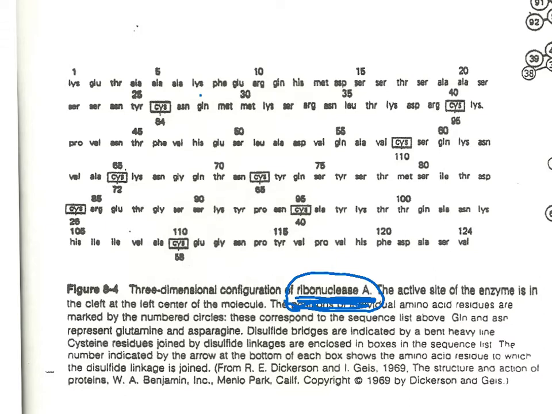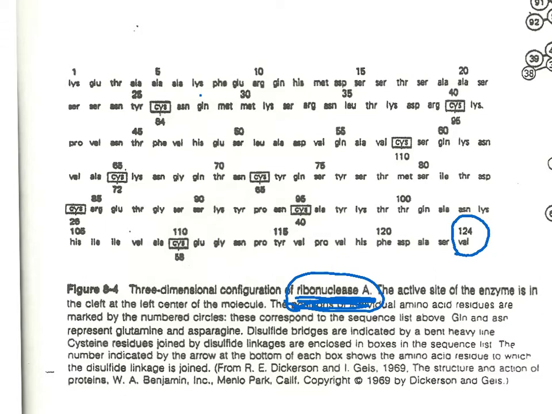Well, let's see. Looks like 124. So would that make ribonuclease A a large protein or a smallish one? Well, I think with only 124 amino acids, it would be one of the small ones.